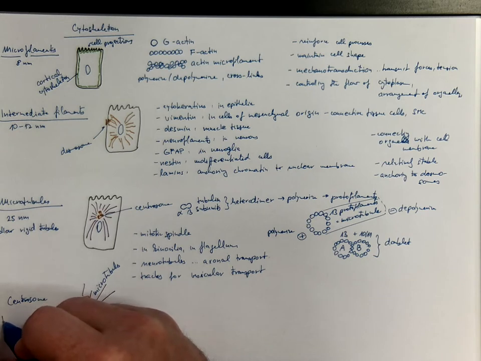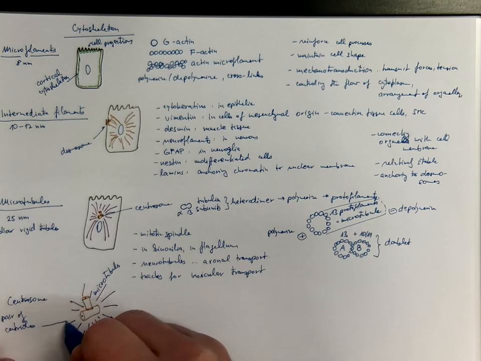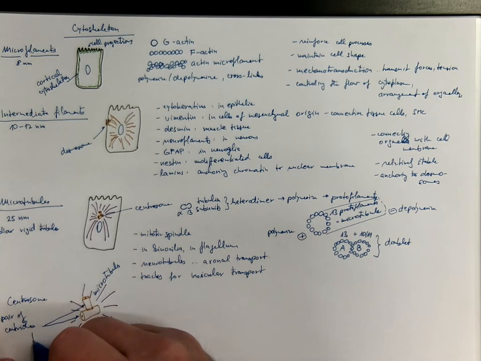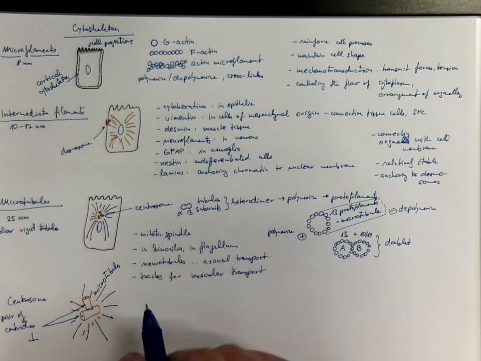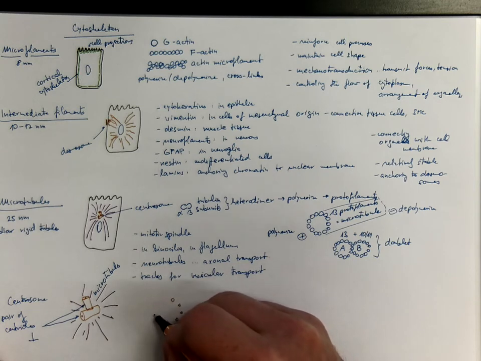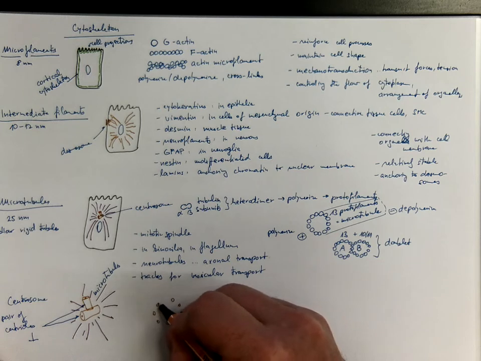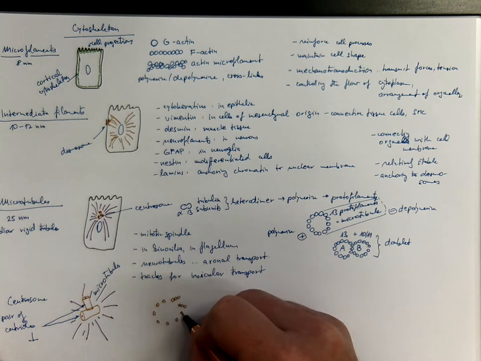A pair of centrioles that are perpendicular to each other, and each centriole is made of 9 triplets of microtubules. 1, 2, 3, 4, 5, 6, 7, 8, 9, and we have triplet A, B, C, and so on.